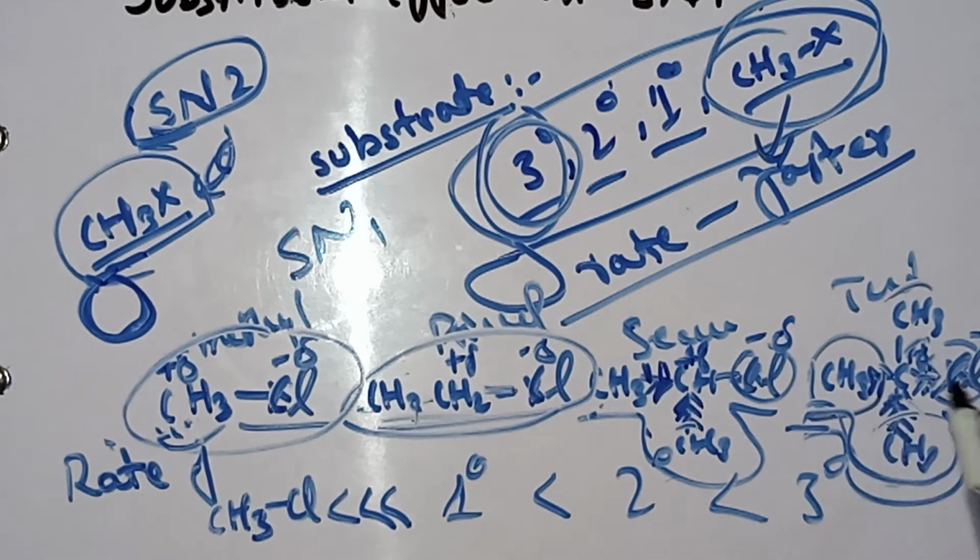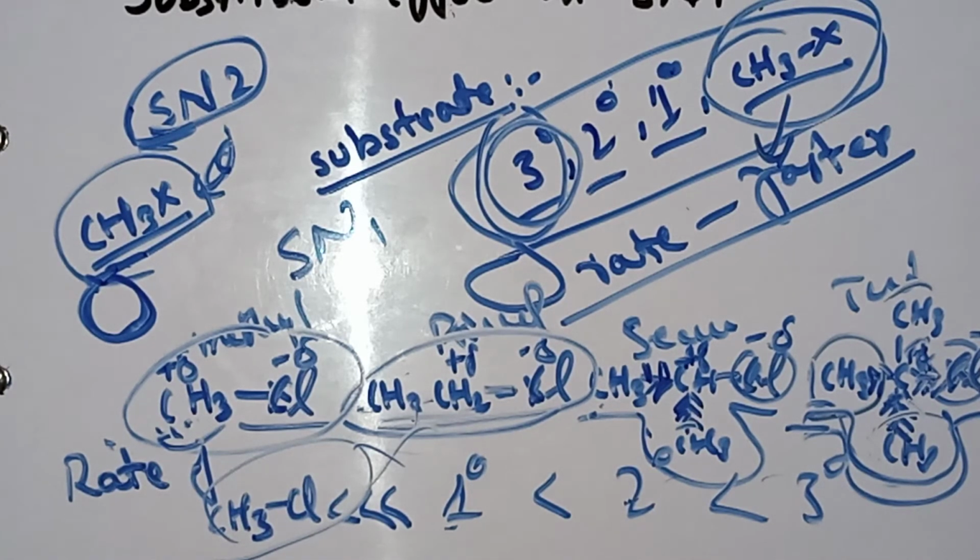In a tertiary alkyl halide it is very easy for the chloride ion to leave. So 3 degree is greater than 2 degree, which is greater than 1 degree, which is much greater than CH3Cl, which cannot undergo an SN1 reaction. These are all about the SN1 reaction.